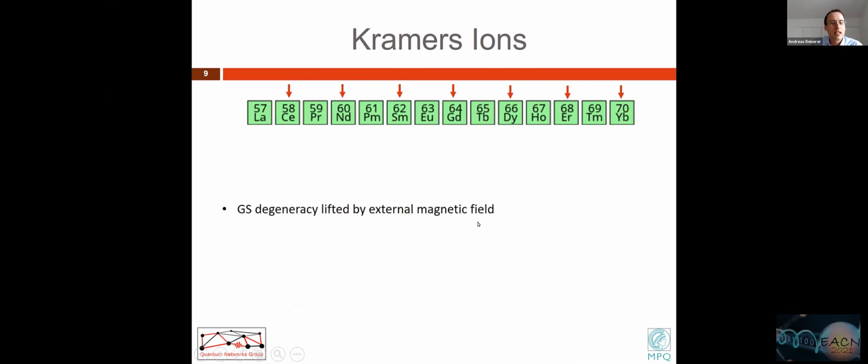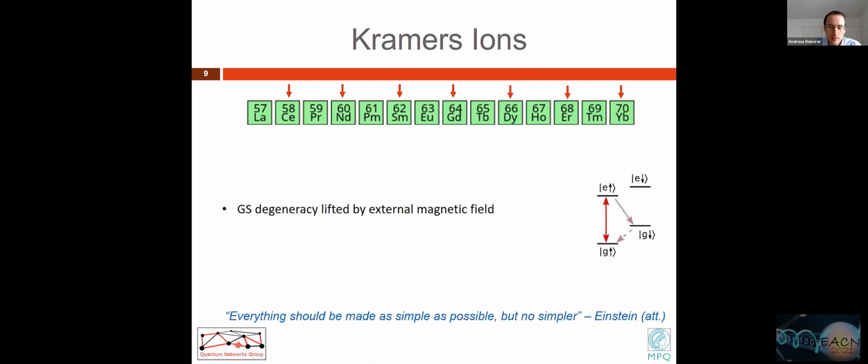If you apply a small magnetic field, then the degeneracy of the ground state will be lifted, and you end up with a level scheme that is actually very simple. You have an effective two-level system in the ground state and an effective two-level system in an optically excited state.